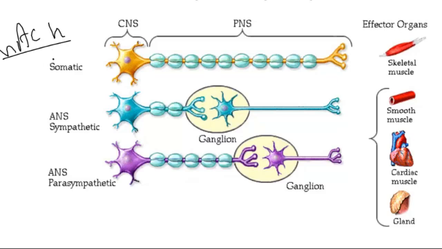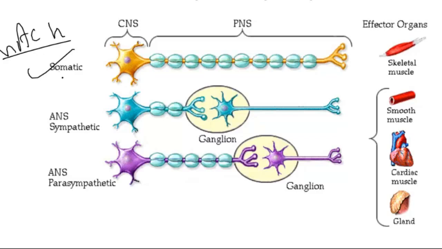As skeletal muscles contain these nicotinic receptors, the action of acetylcholine on skeletal muscle is direct and fast. So the somatic neurons work really fast and work excitatorily by the release of acetylcholine, because they only have cholinergic nicotinic receptors.